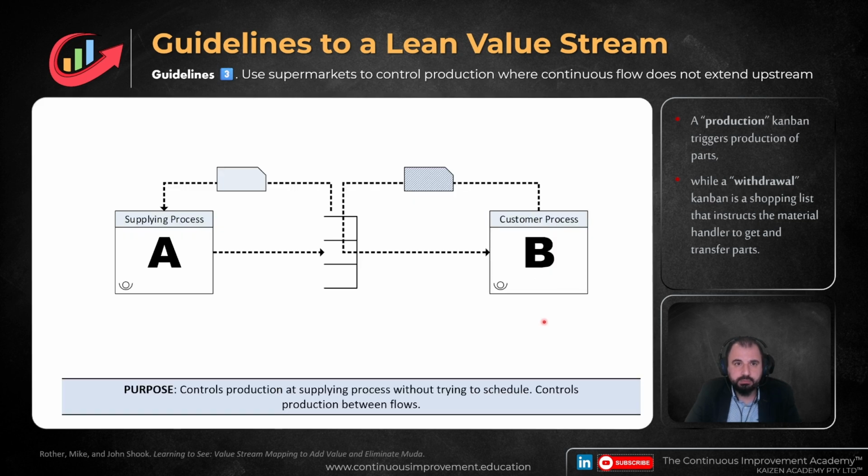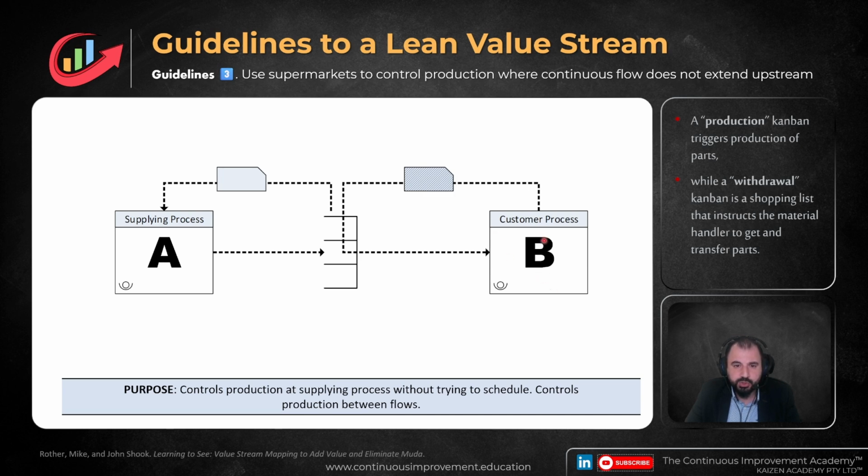So we use production Kanban to trigger production, and we use the withdrawal Kanban as a shopping list for material handlers. So in these cases, we avoid the guesswork and we ensure that production is always aligned with actual demand.